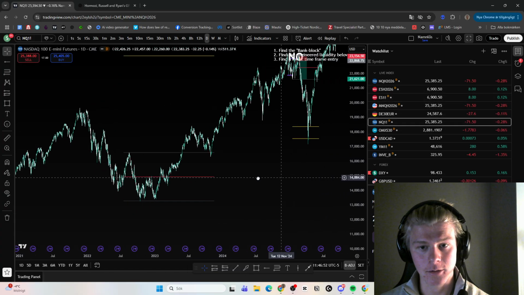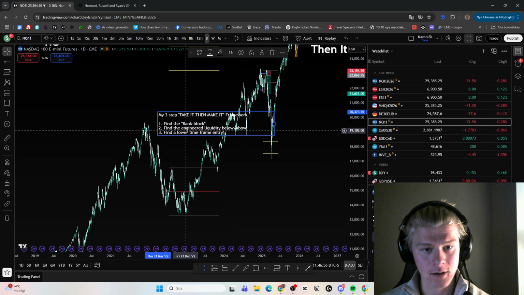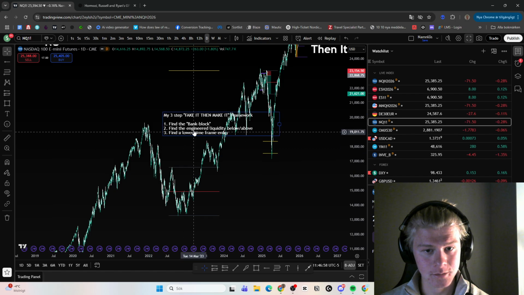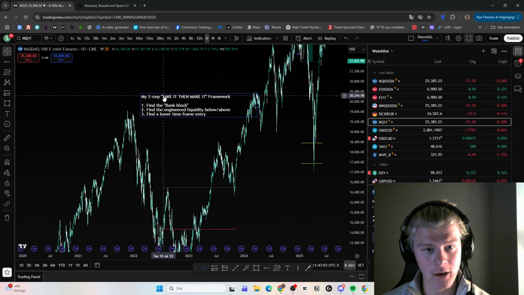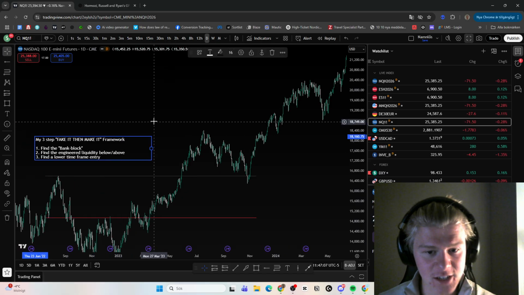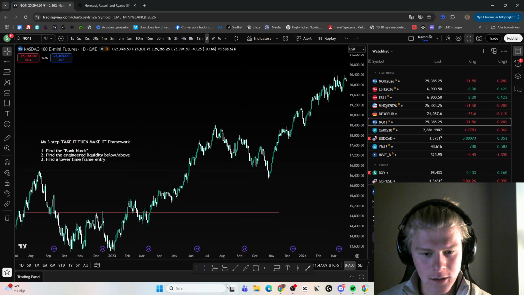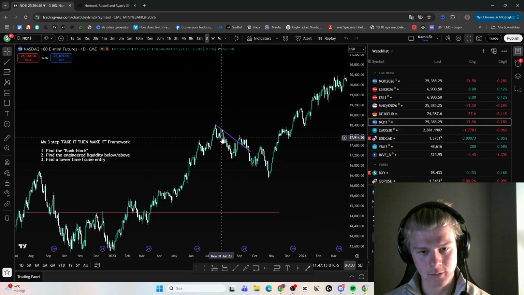Now, what's the model? What did I tell you for my fake it then make it framework? So you want to find the bank block. You want to find the engineered liquidity above slash below. Can you find any engineered liquidity above slash below? Ding, ding, ding. Yes. This. Study this.